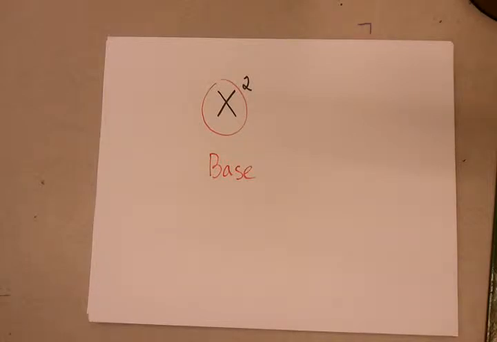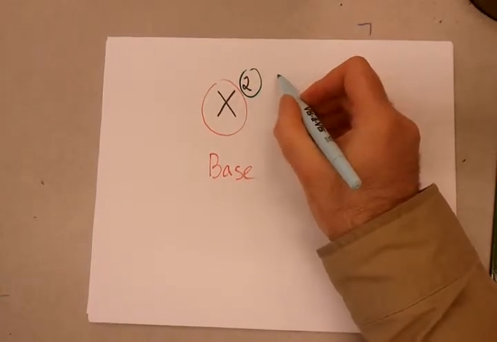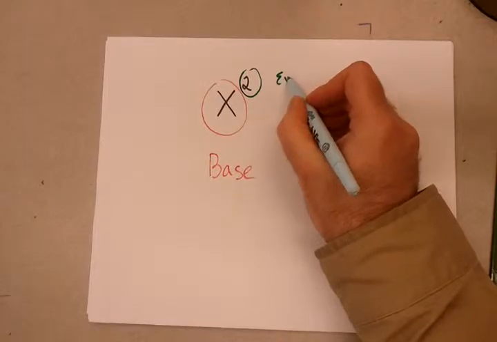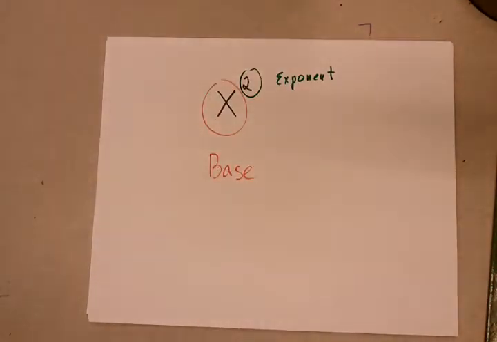And the little one is known as the exponent. Sometimes it's called the power. And together they give you the exponential form.